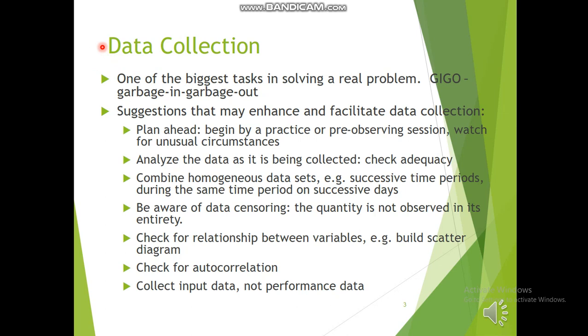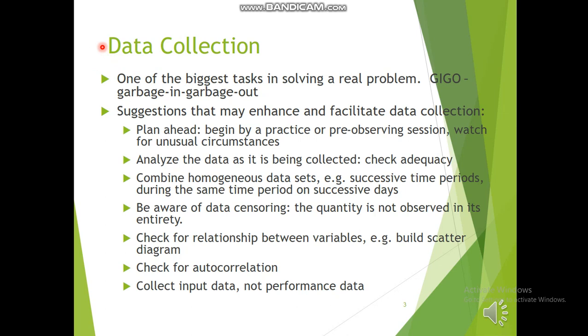The next point is to analyze the data as it is collected. So while collecting the data, analyze it. See whether adequate data is collected and whether unnecessary data is being collected. So avoid collecting unnecessary data. Try to combine the homogeneous data. What do we mean by homogeneous data? A set of data having the same meaning.